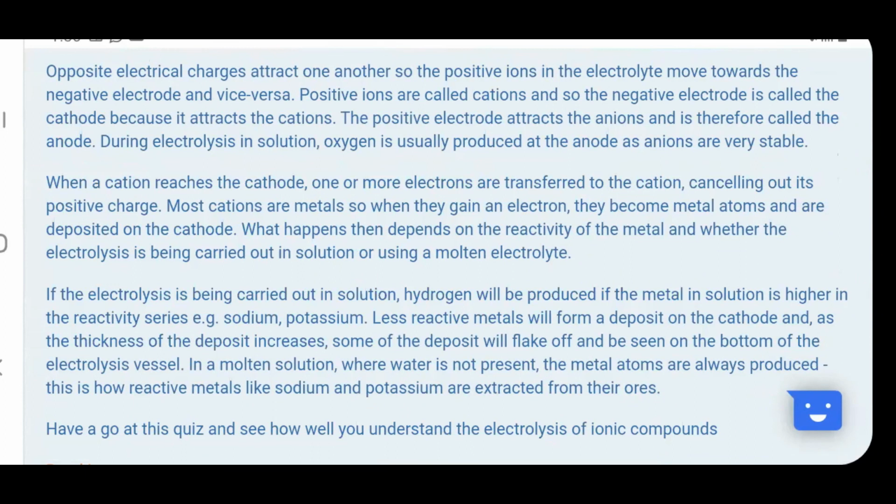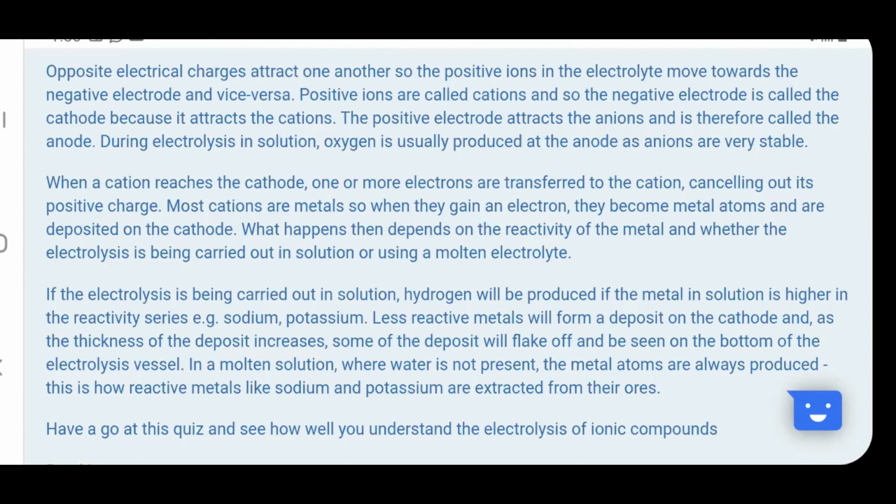If the electrolysis is being carried out in solution, hydrogen will be produced. You hear that? Remember solution, I just mentioned this to you, so it means it has water. Hydrogen will be produced if the metal in solution is higher in the reactivity series, for example sodium, potassium.